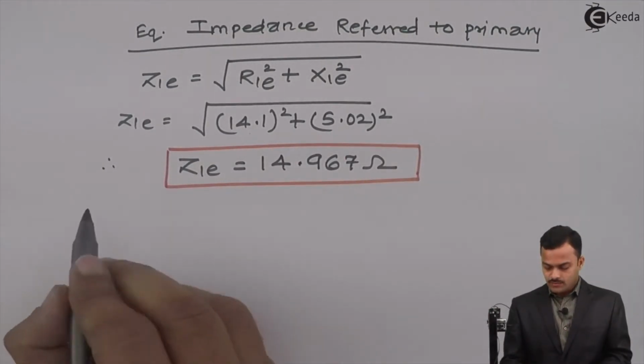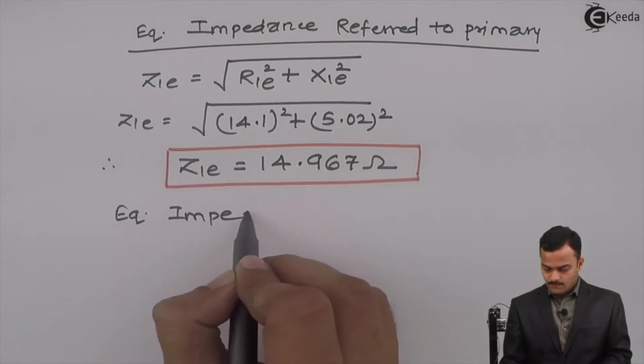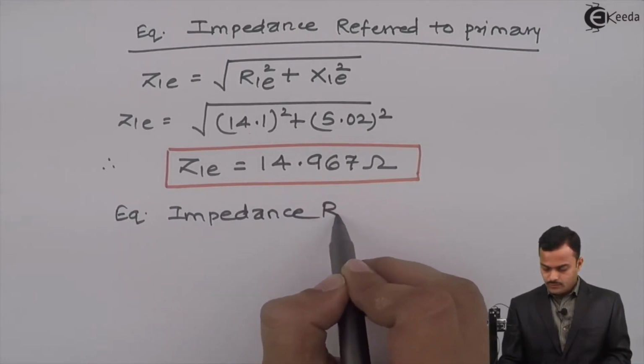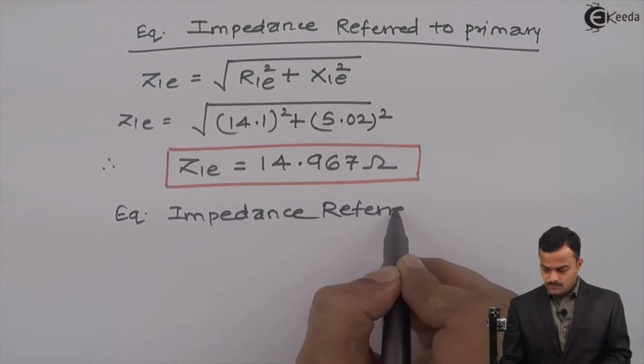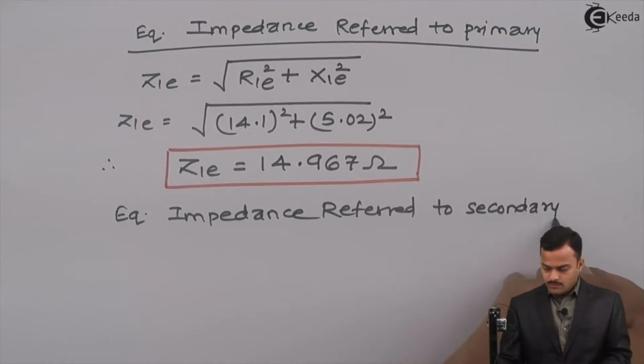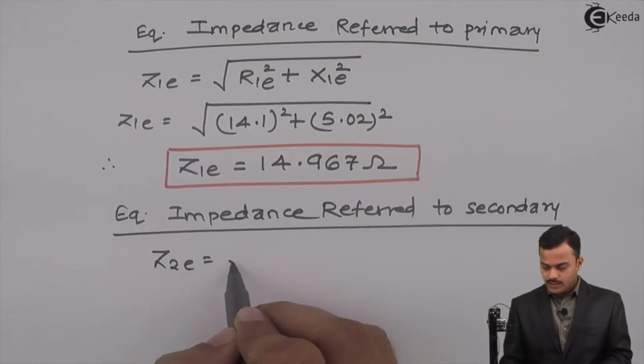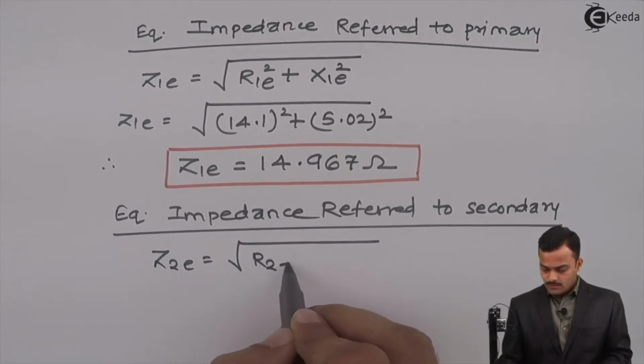Same way I can calculate equivalent impedance referred to secondary, because already we have calculated R2E and X2E.